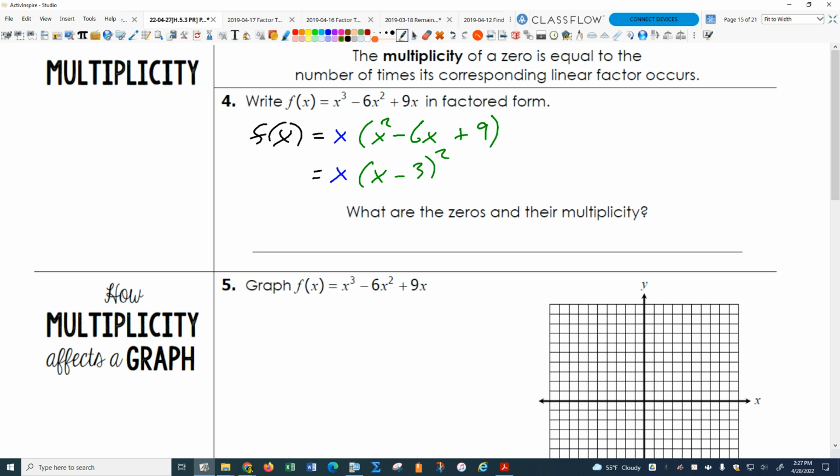Aha. Okay. So now what are the zeros of this function? If I set this polynomial equal to 0, what are the zeros? The zeros are the values of x that are going to make the function equal to 0. What would they be?